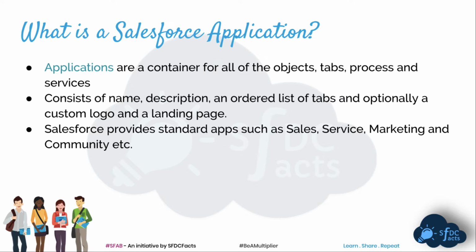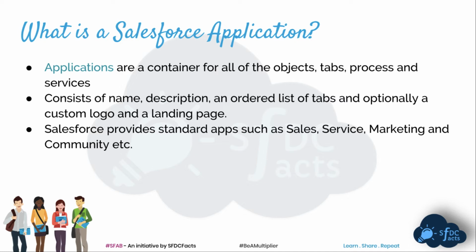So, for example, you are having a lot of standard tabs, which would include your leads, your contacts, your accounts, opportunities, cases, whatever it might be. But then you also might be having a bunch of custom tabs for your custom objects, and for your specific users, you really want to tailor the experience so that they only see the tabs which are specific to their job role.